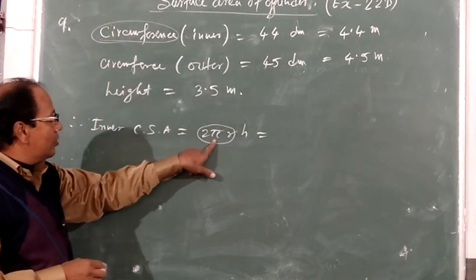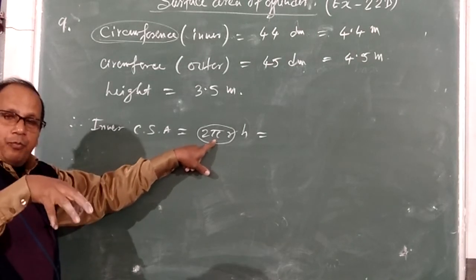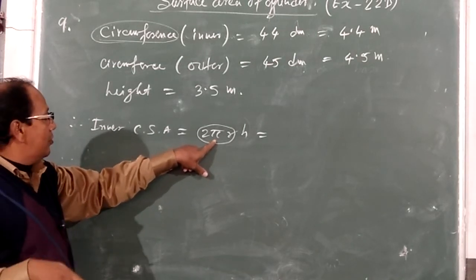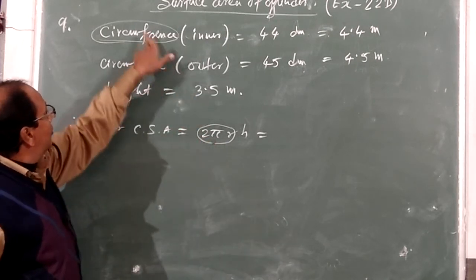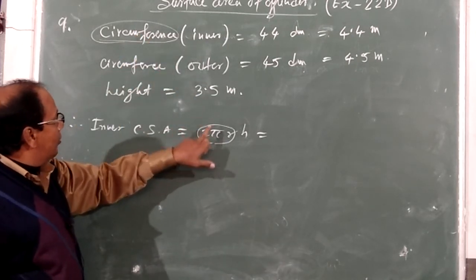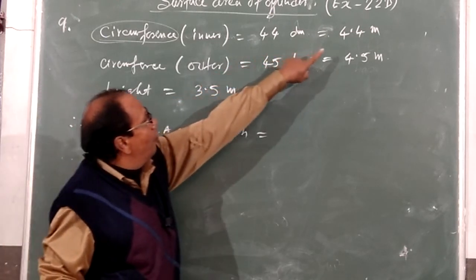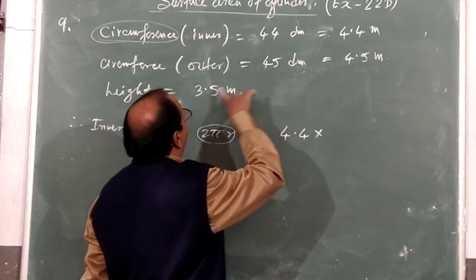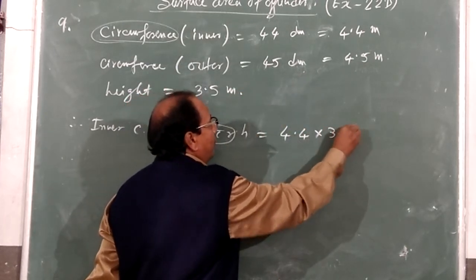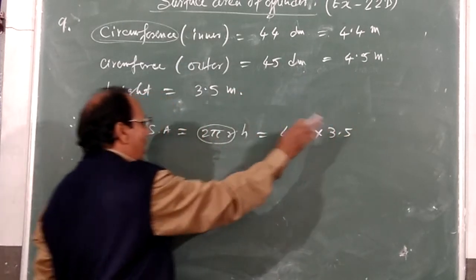We have already mentioned this one in the theory portion when we used to find out the total surface area, right? So circumference here itself is 2 pi r. So instead of 2 pi r, we will put 4.4 meter. So 4.4 into height 3.5. Okay, we will calculate afterwards.